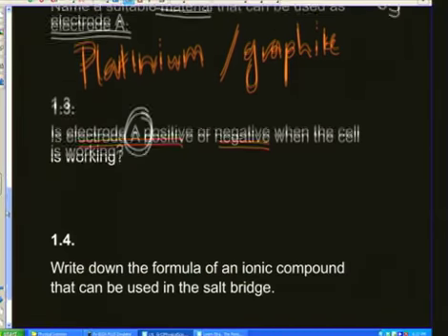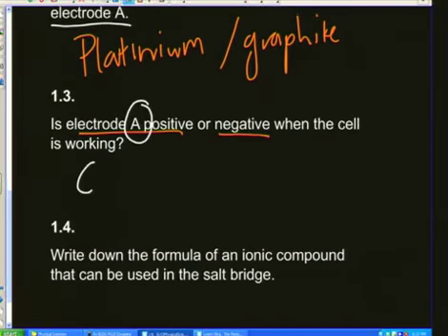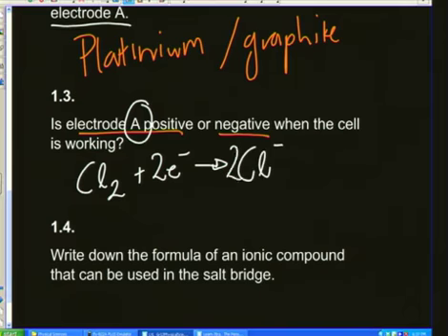Well, we've just established that the chlorine is going to gain 2 electrons and form chloride ions. That was from our half reaction sheet. The chlorine gas gains 2 electrons to form chloride ions.